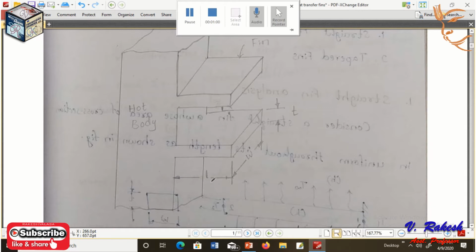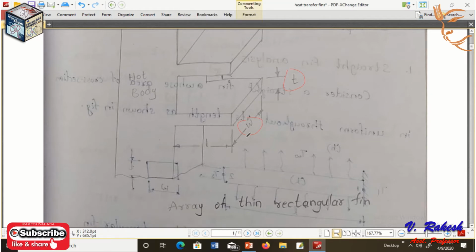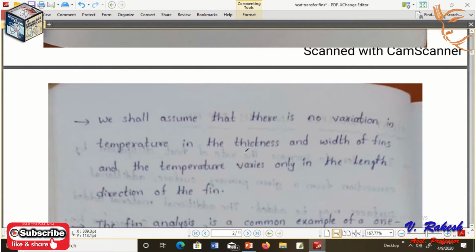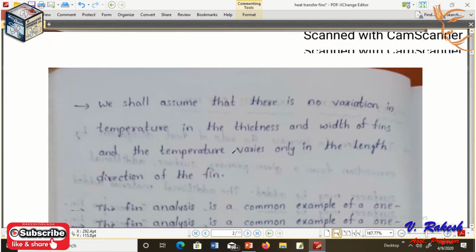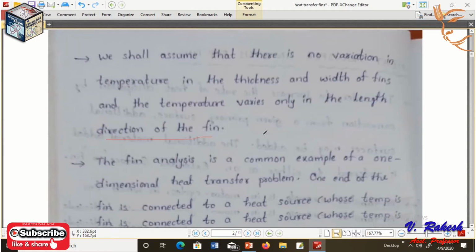L is the length of the pin, W is the width of the pin, T is the thickness of the fin. We shall assume that there is no variation in temperature in the thickness and width of the pins, and the temperature varies only in the length direction of the fin.